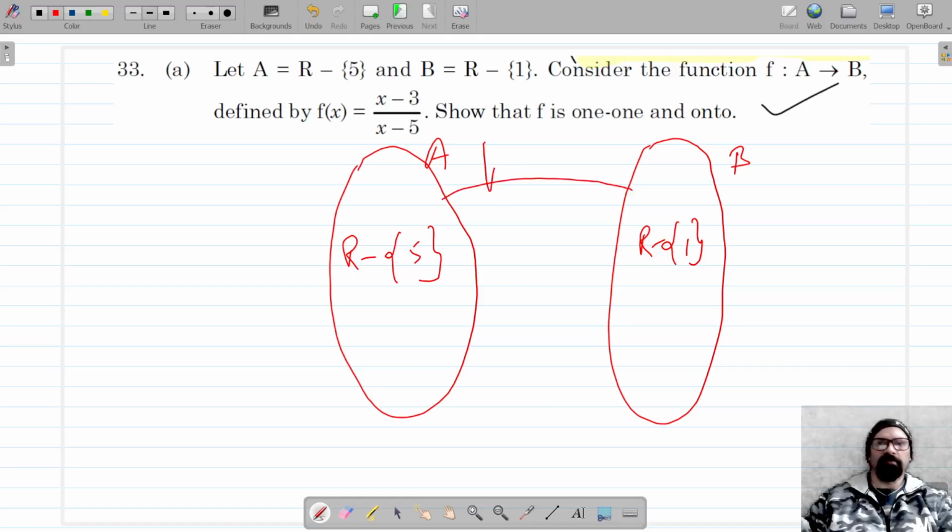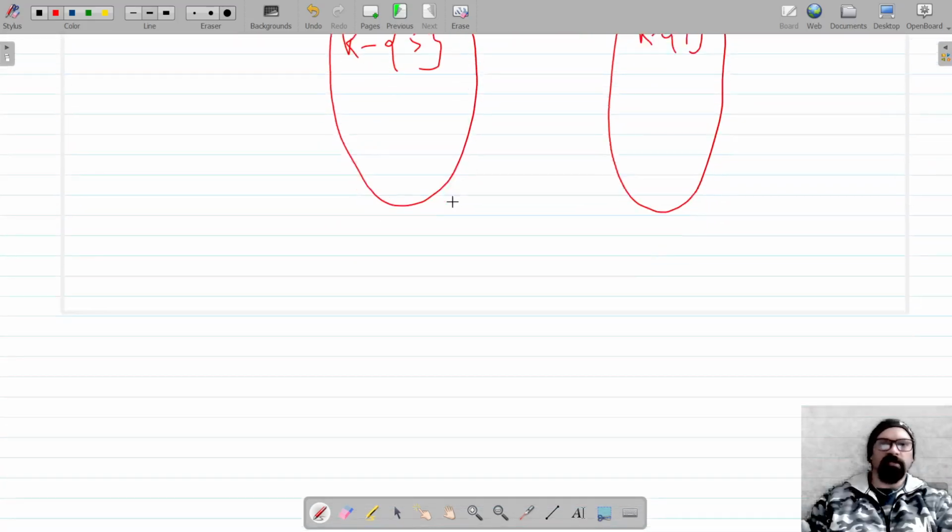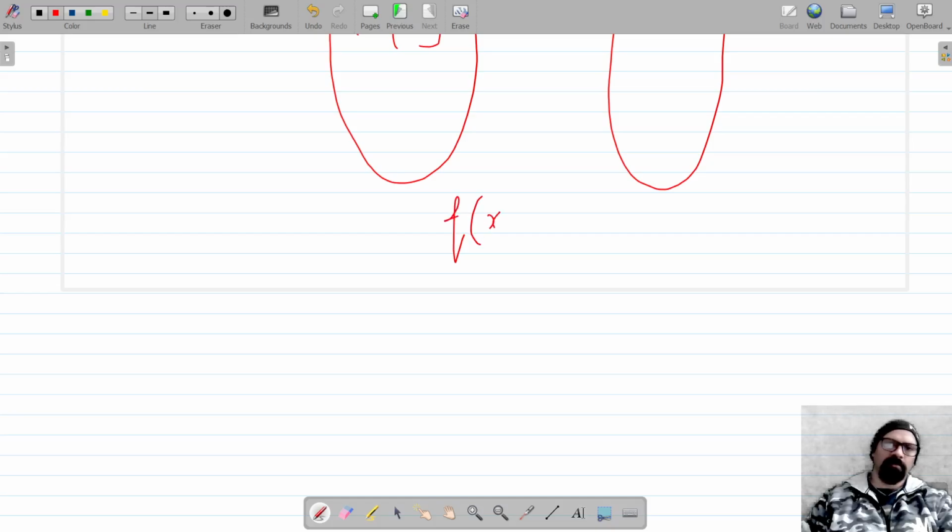And there is a function defined from A to B, defined as this. We have to show that f is one-one and onto, that it's bijective. So our function is f of x equals x minus 3 upon x minus 5. Let's check it for one-one.